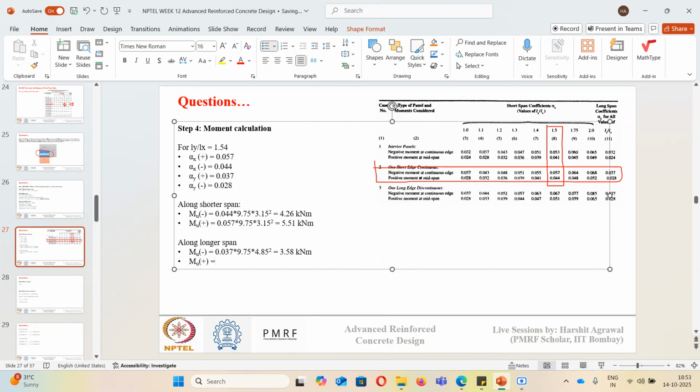And this was the positive moment at midspan, and at the corner the negative moment will be 0.028 times 9.75 times 4.85 square. So this value may come around 2.71 kilonewton meter. Okay, let me just check. I guess the values are opposite.